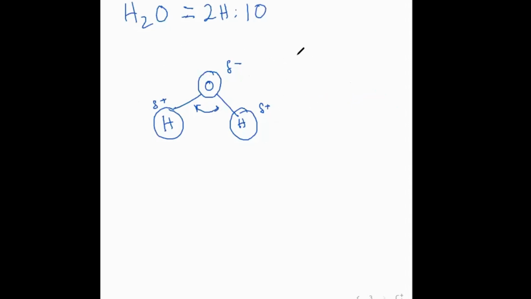Okay, so now you already know that water is made of hydrogen and oxygen, and you know that there are charges also. Because of this behavior, because of the charges that it has, it makes water very good in dissolving substances. So most of the time it will become a solvent.